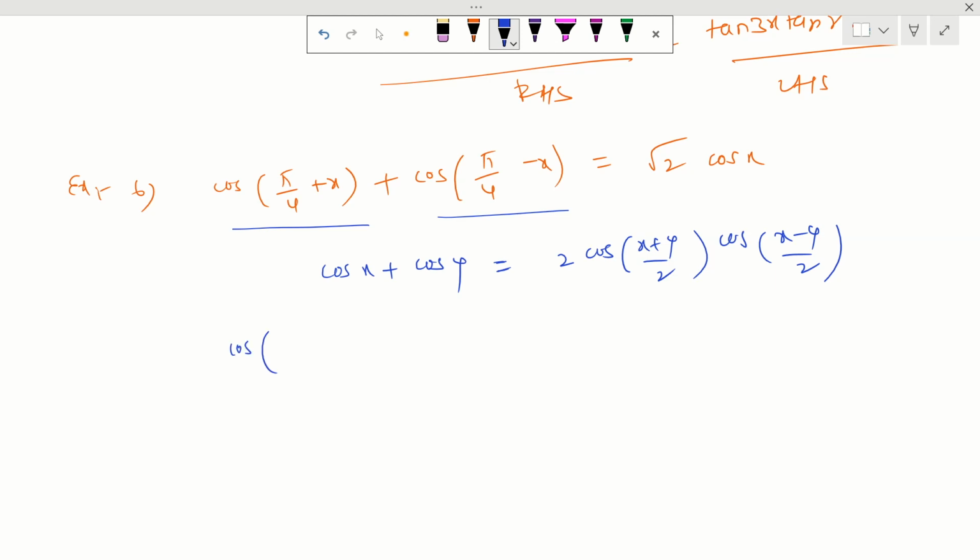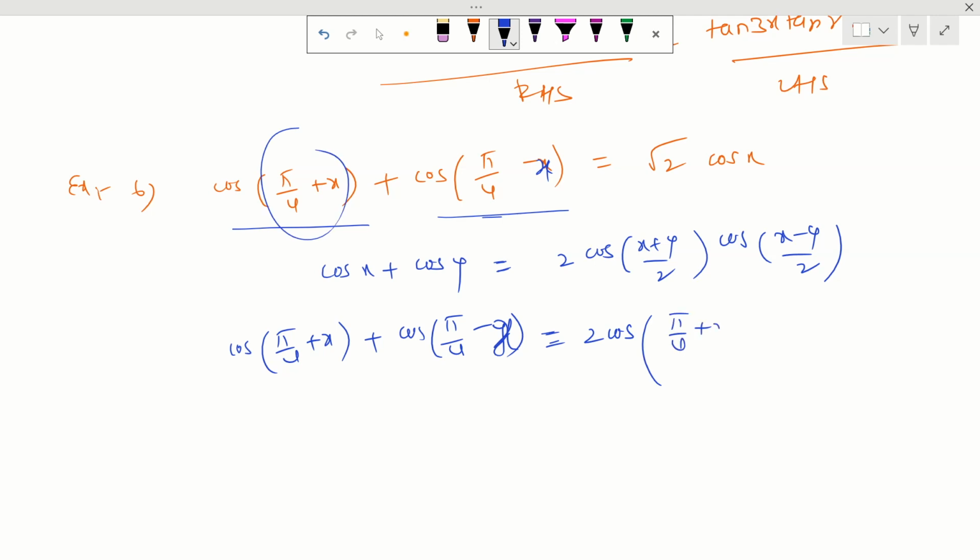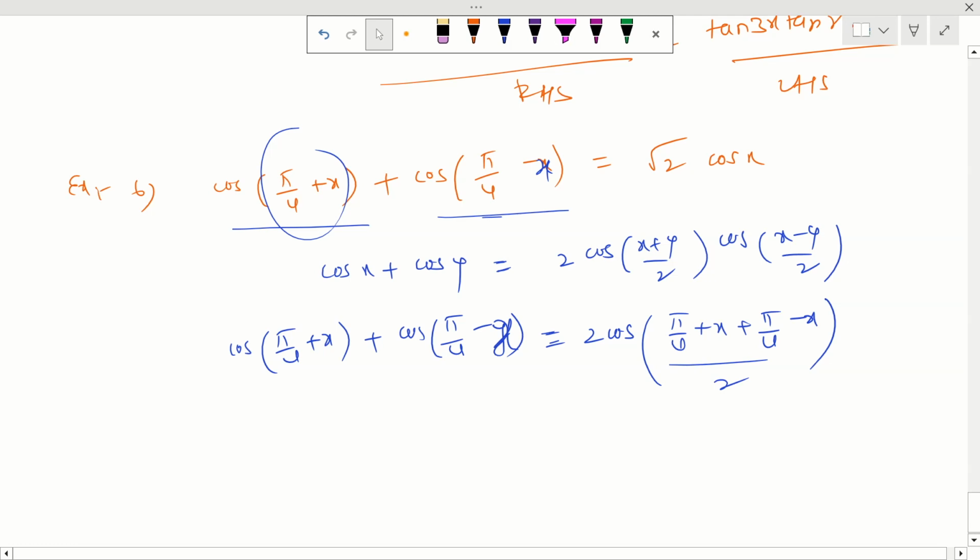Therefore, this is 2 cos of pi by 4 plus x plus pi by 4 minus x, divided by 2.